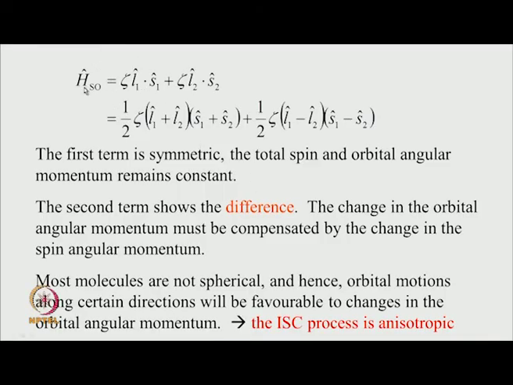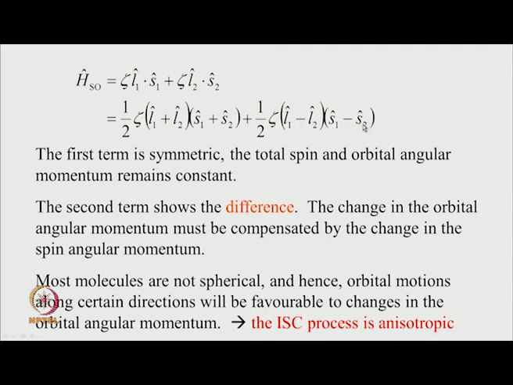So, I could write the spin orbit interaction in this fashion, L1 dot S1 plus L2 dot S2. Now, this can be manipulated a little to write it in this fashion. Here you see the first term is symmetric, L1 plus L2 dot S1 plus S2. So, the total spin and orbital angular momentum remains constant, but the second term is the difference of them, L1 minus L2 dot S1 minus S2.